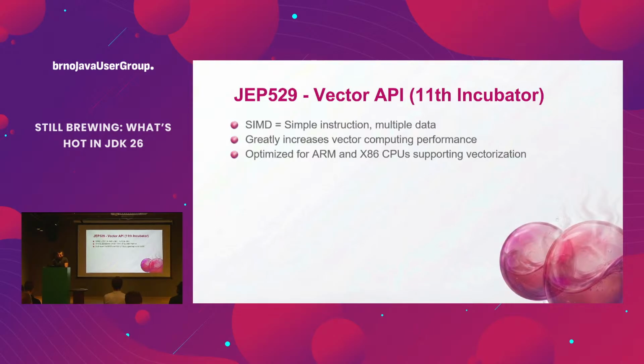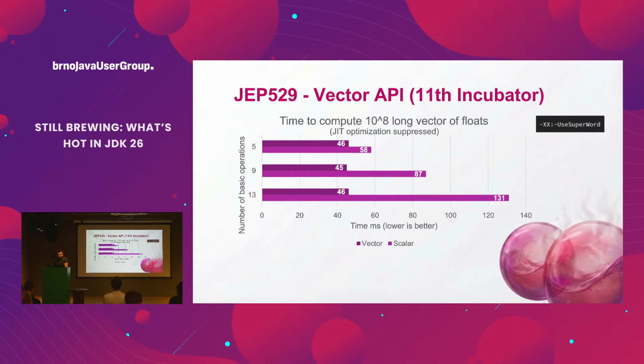A good thing to say about this JEP is that JIT actually vectorizes as well in the background. So in order to get such good results in measurement, I had to suppress the JIT native behavior by this thing.